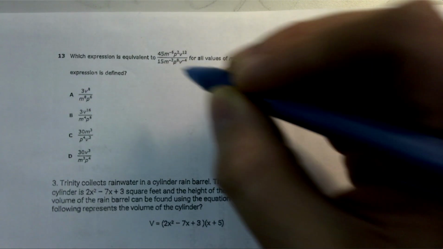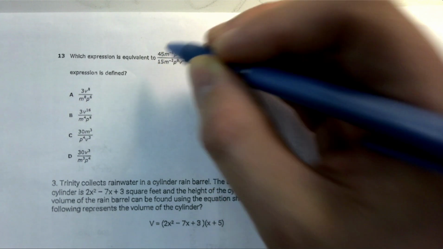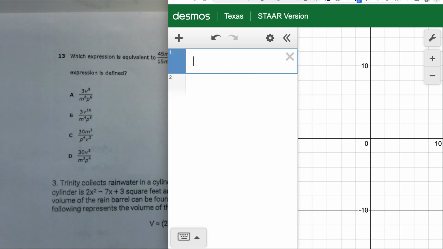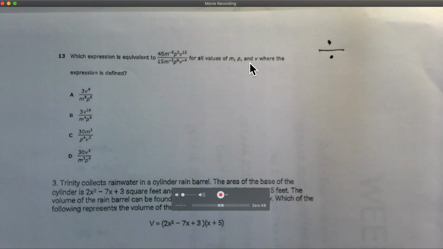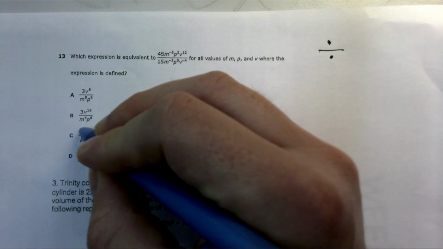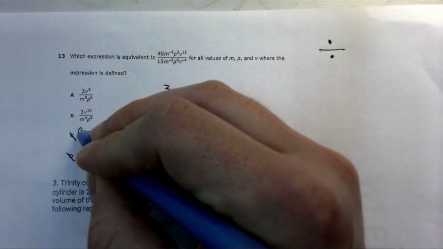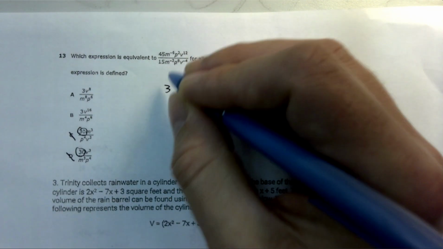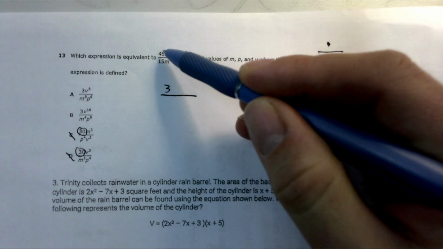This 45 and 15 are not exponents, they are just numbers. 45 divided by 15 is 3. Knowing that, I can automatically take out the ones that have 30 in them. Those are gone. So I'm left with 3 on top. If you just know to do that, you've literally doubled your chances of getting the answer correct if you're guessing. You've gone from 1 in 4 to 1 in 2.